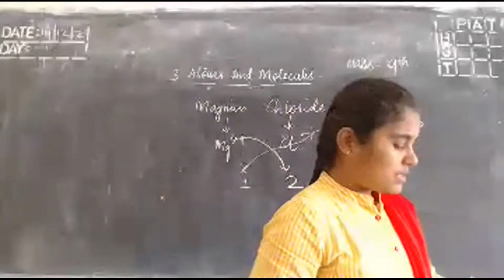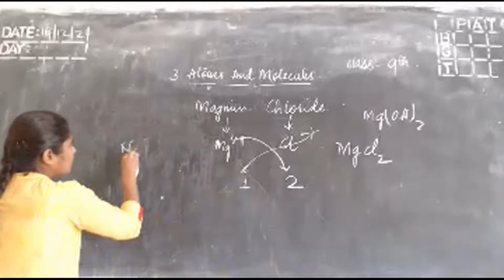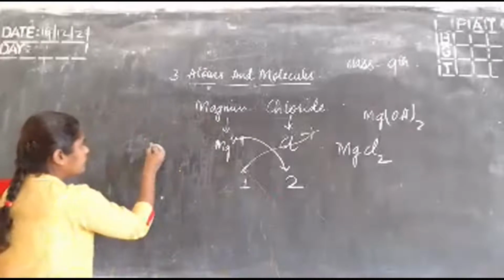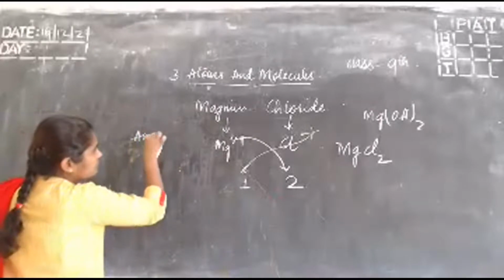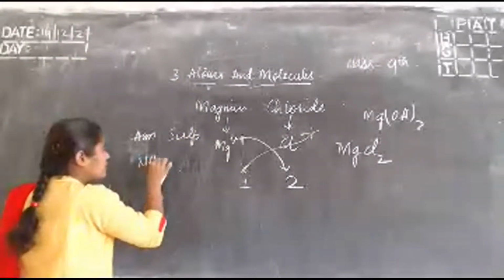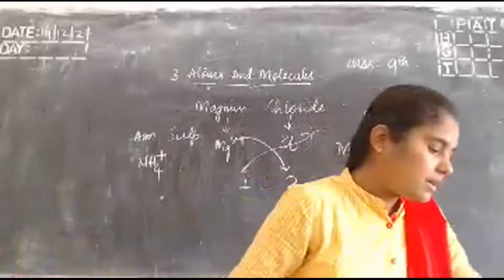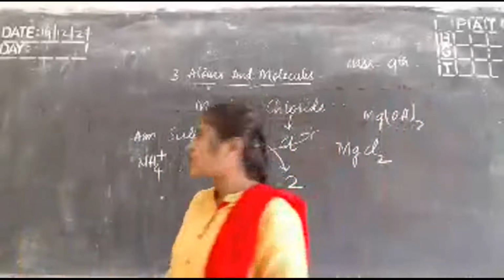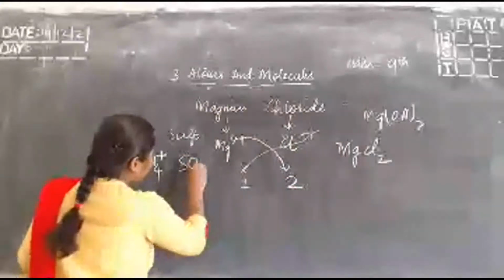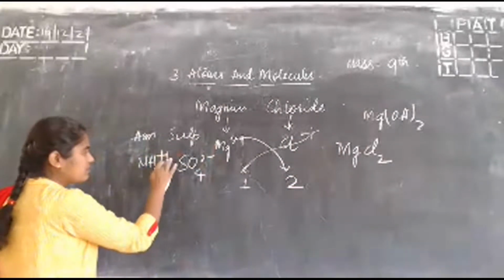Then we have ammonium sulfate. If you take ammonium and sulfate, ammonium has NH4+. And for sulfate, the table gives SO4 2-. If it is plus, that means plus 1.